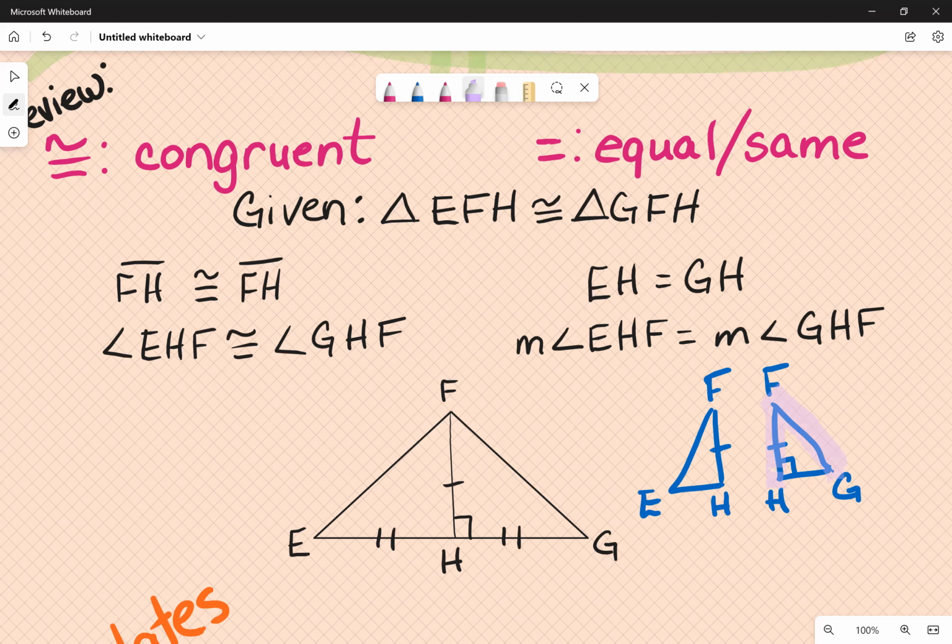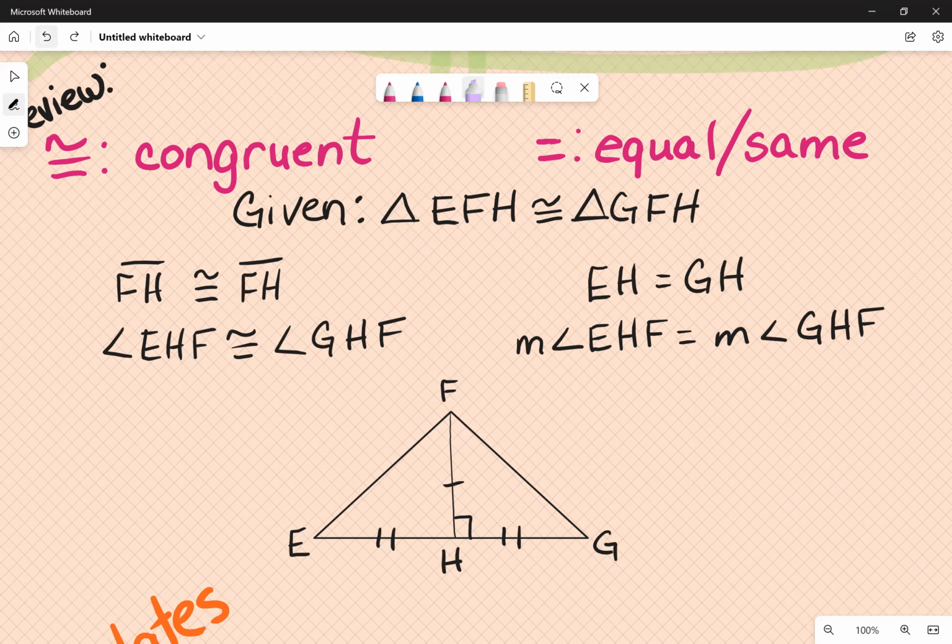It's telling me that that's going to be congruent to EFH. Again, order matters. If I did not have those diagrams shown there, then I would just have to look at my statement and look at it that way. So I see E is first, G is first, H is third, H is third in both. So that is going to matter. I just can't stress that enough.